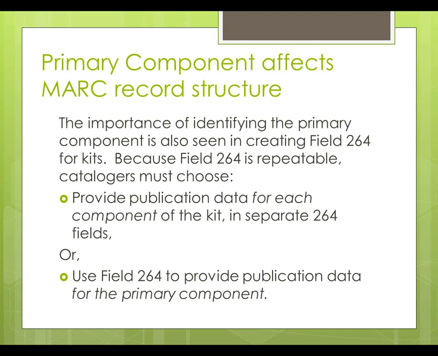And this is also a repeatable field. So again, you have to decide, am I going to fill out the publication information for what I've determined is the primary component, or am I going to repeat 264 and provide this information for each component in the kit? Again, that's not required, but that is an option that exists.